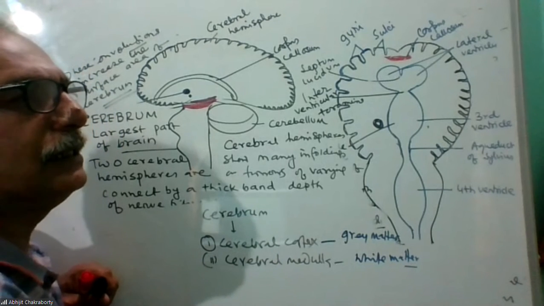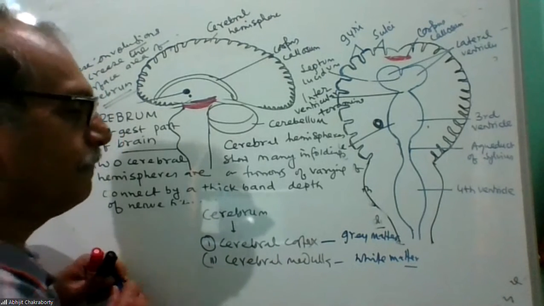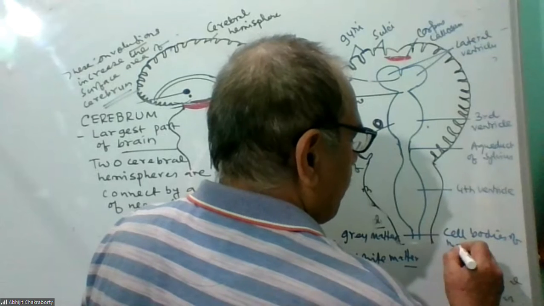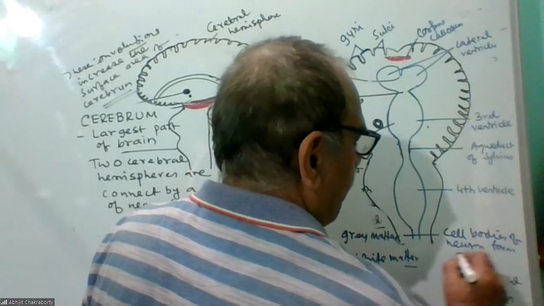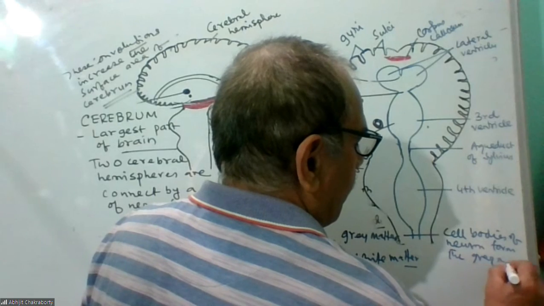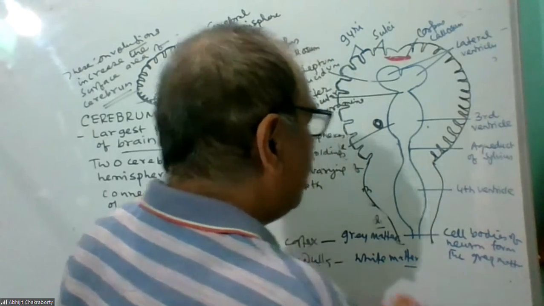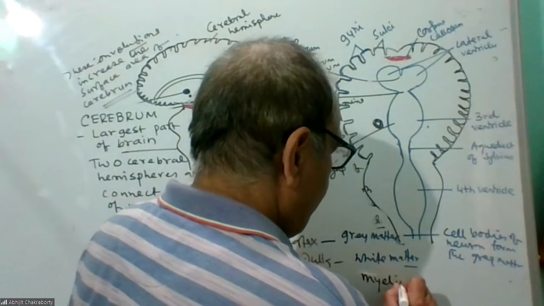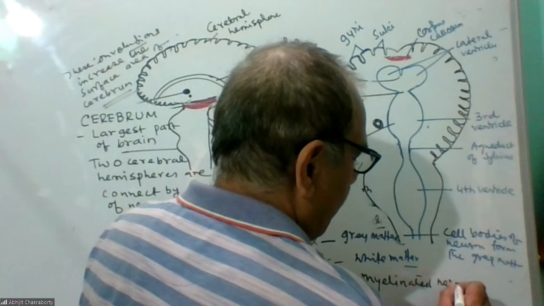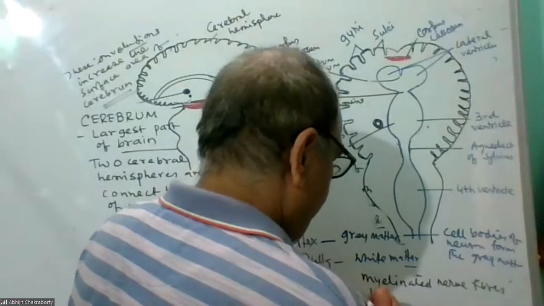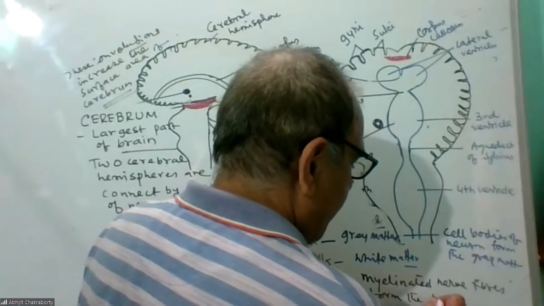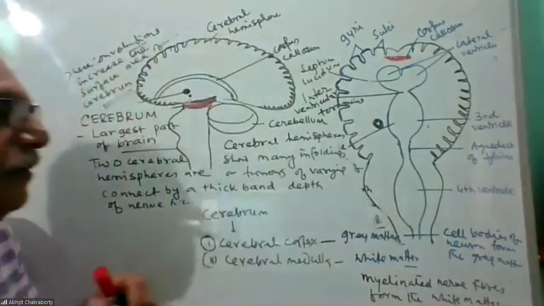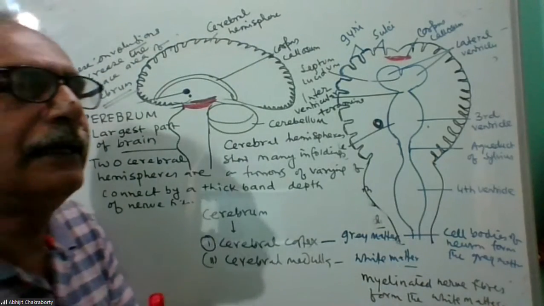Gray matter, the cell bodies of neurons, form the gray matter, and myelinated nerve fibers form the white matter. In the brain, gray matter is located in the periphery.